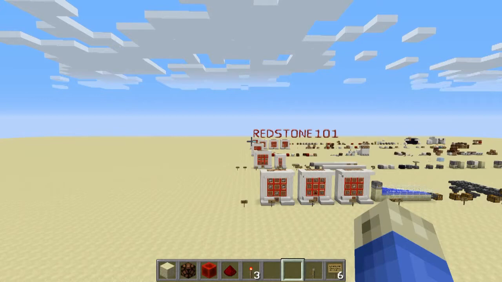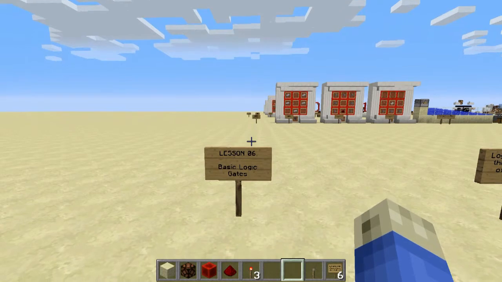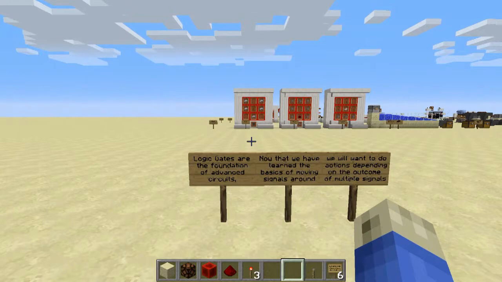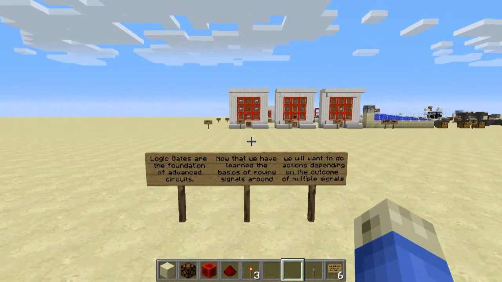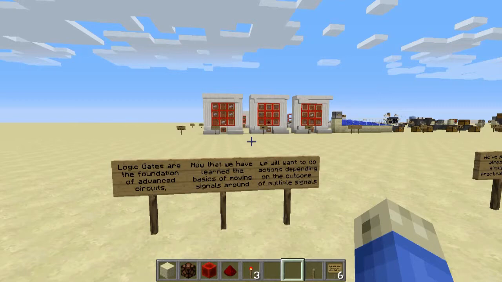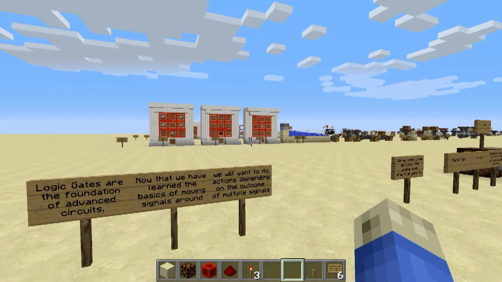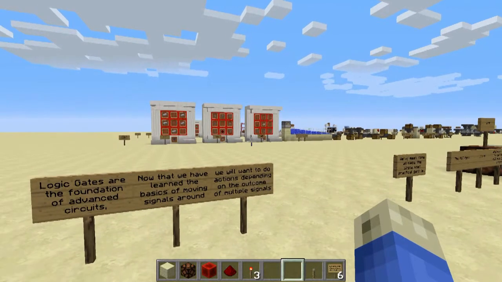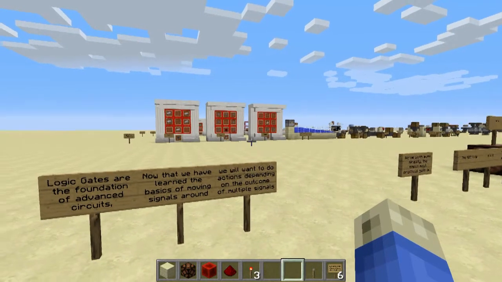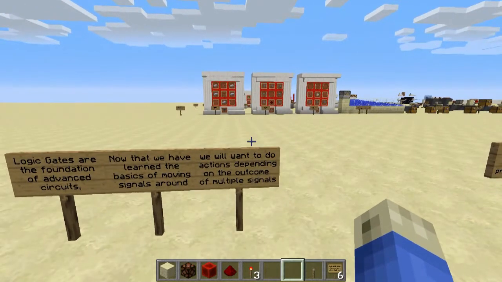I'm your host, Vaaldeth, and today we're going to continue with our intermediate lessons with Lesson 6, Basic Logic Gates. Logic gates are the foundation of advanced circuits, and now that we've spent time looking at the basics of how input and output works, circuits, moving signals around, and how the basic circuit blocks of Minecraft can be very useful for us, the next logical thing is you're going to want to start doing things based on the outcome of multiple signals.